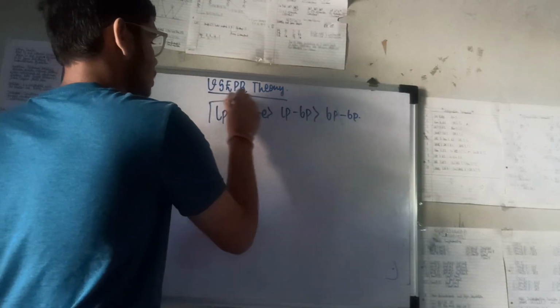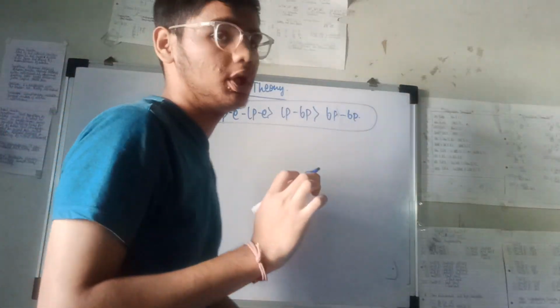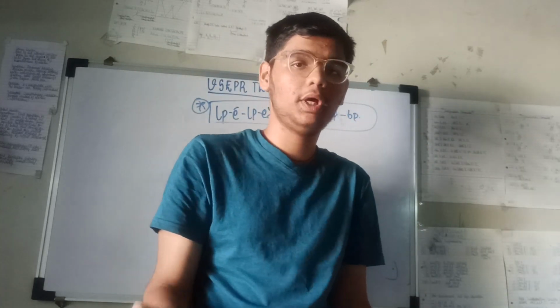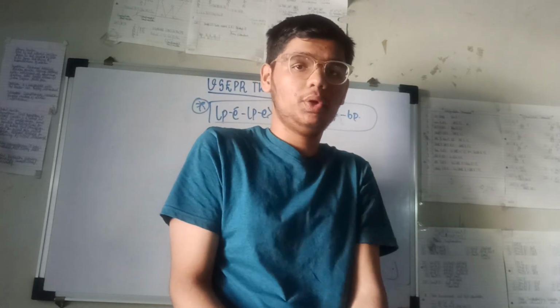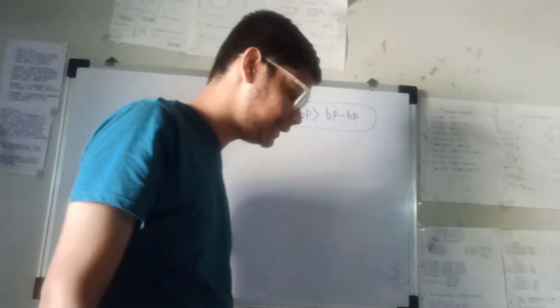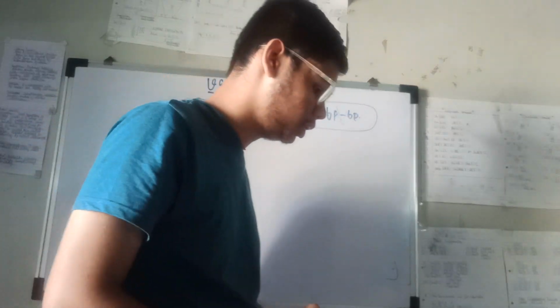Means the amount of repulsion done by lone pair will be maximum. After that, lone pair bond pair, and then bond pair minimum. Okay, that is clear. The fifth point is also clear.